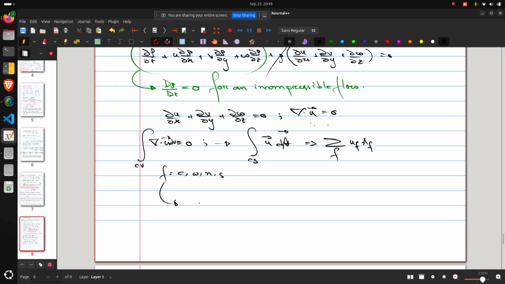If we do the control volume integral of the divergence of the velocity vector, you will get u_e A_e, which is delta y, minus u_w delta y, plus u_n delta x minus u_s delta x, for the case that we are doing, right.